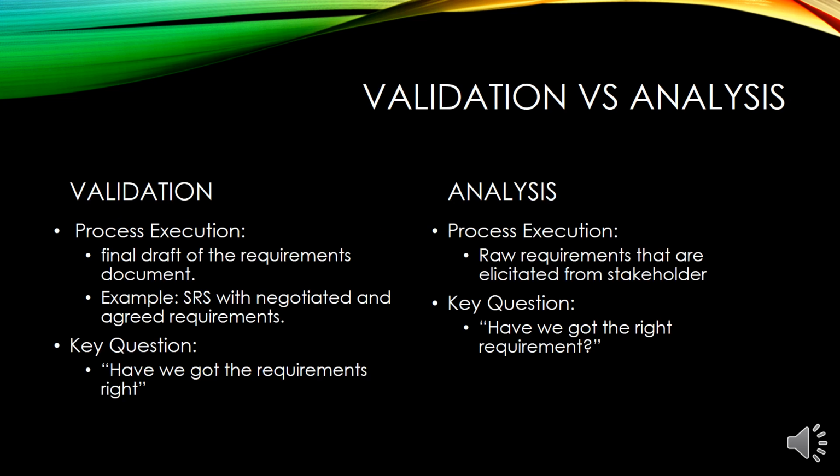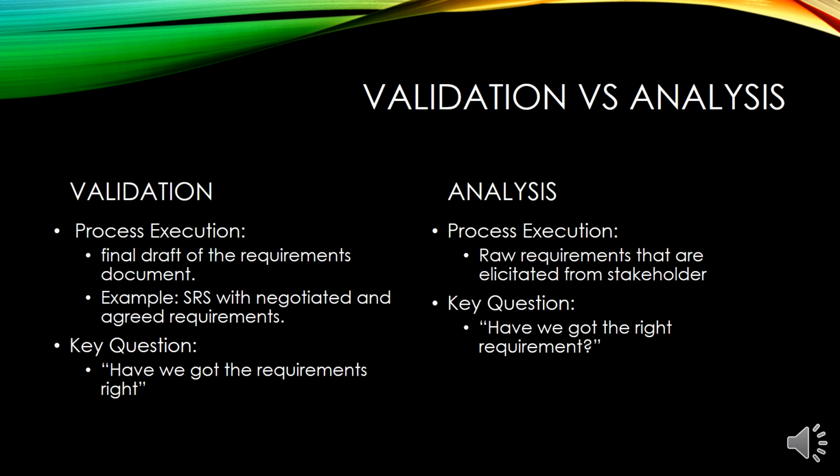Okay, first, what is validation and what is analysis? In terms of process execution, we look first at analysis. Analysis is done on the raw requirements that are elicited from the stakeholders. During requirement elicitation, we gather all the unprocessed requirements, which we call raw requirements.